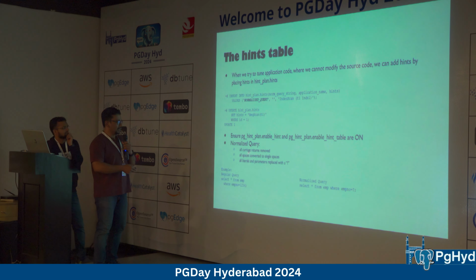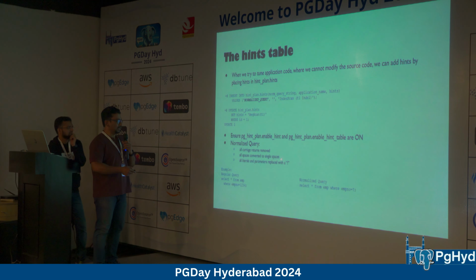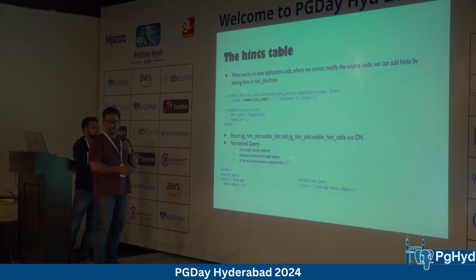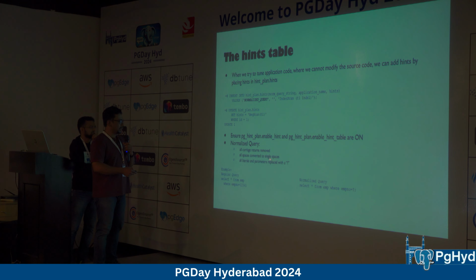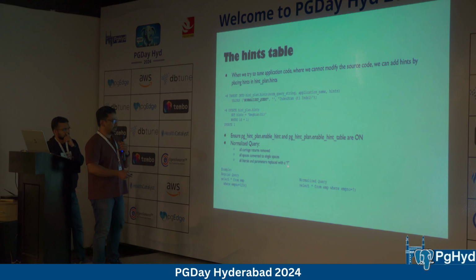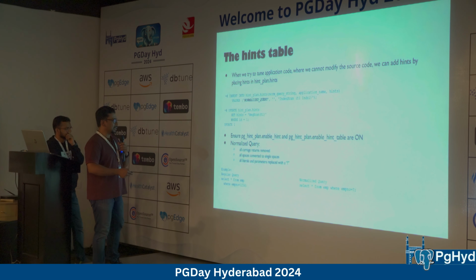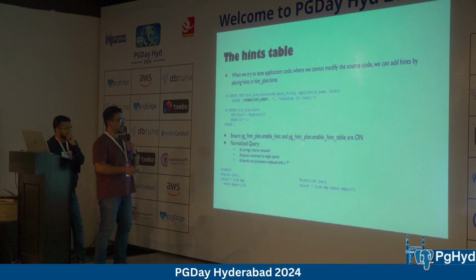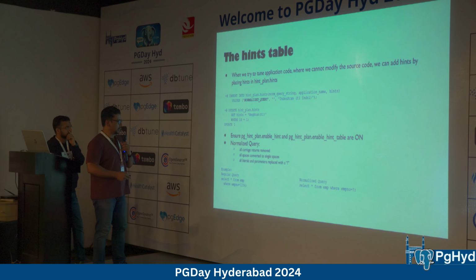All the carriage returns should be removed. All the spaces should be converted into single spaces, so if there are multiple spaces, it should be a single space. And all the literals should be replaced with a question mark. So these things need to be changed in the code and then inserted into this.